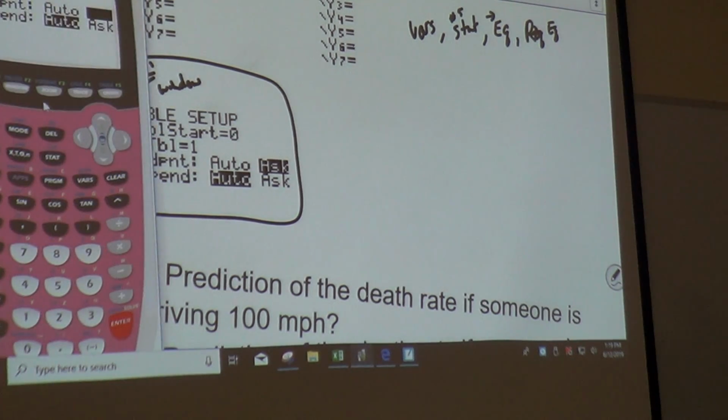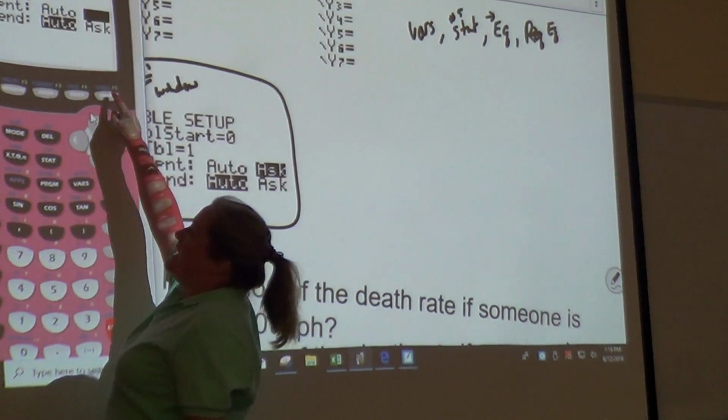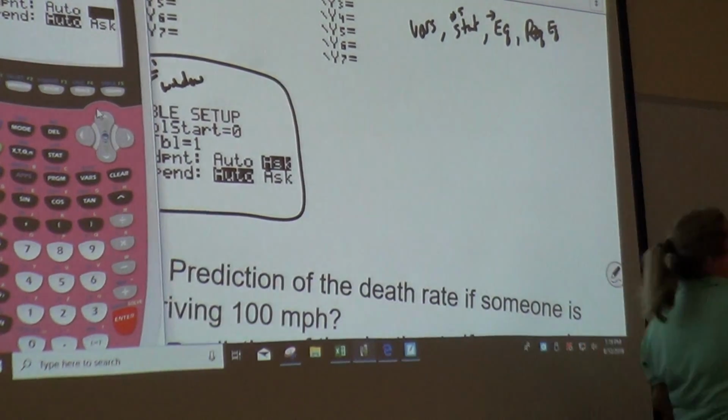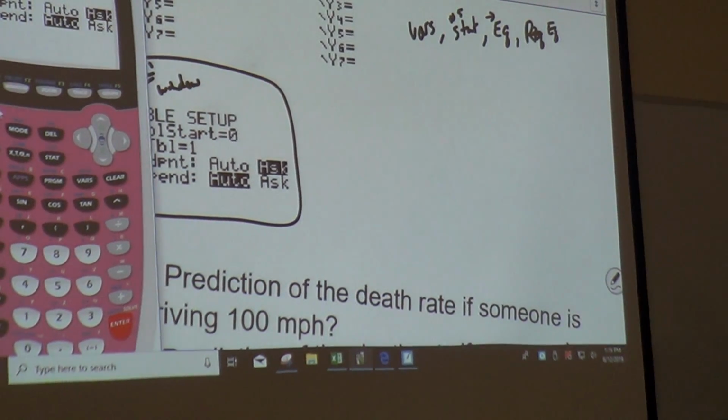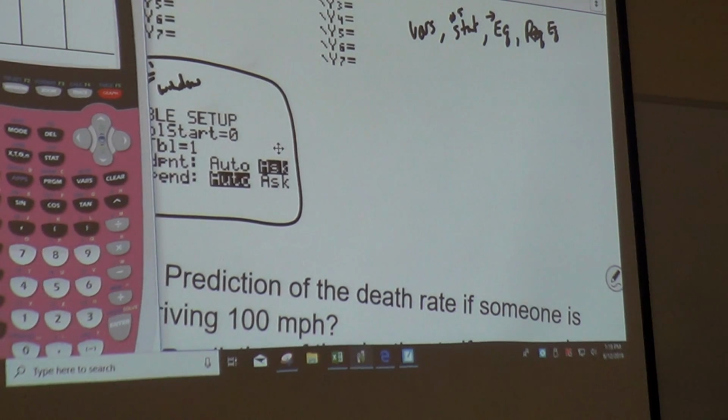And what that does, y'all, is that when I go to my table now, my table is right above the graph. When I go second table, I can now type in data.